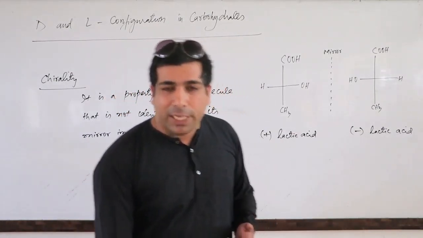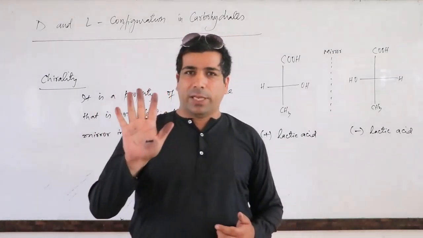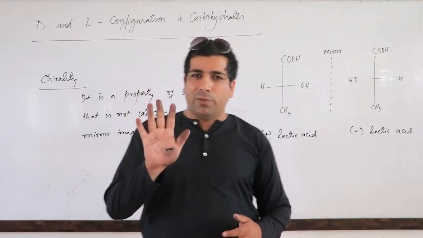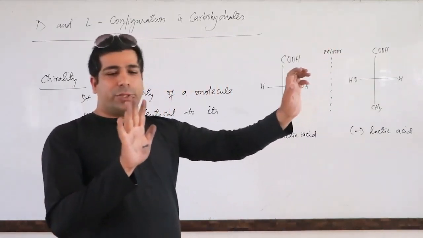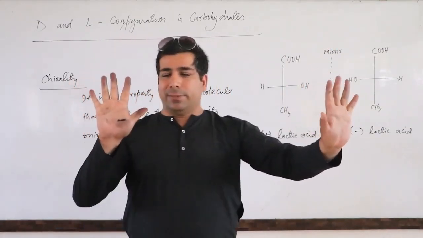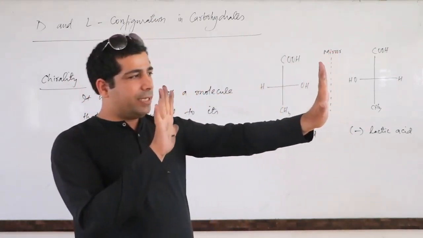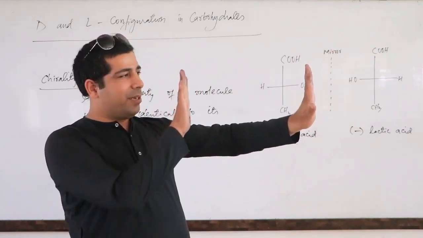Let us suppose if I take this hand and show it to the mirror, it shows exactly opposite. How? Let me give you the demonstration. This is my hand right out here. Have a look. And now, how I have to show it? Like this. So this is the mirror image of this.